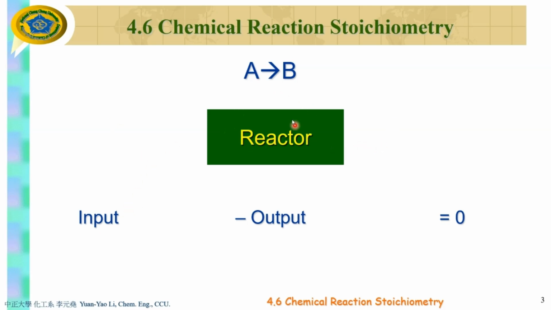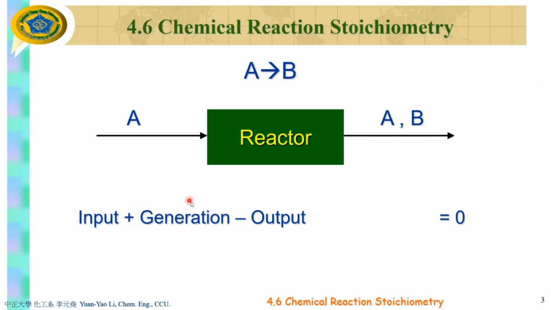However, because you generate a new species, which is B, you need to introduce a new term called generation here. Why? Because originally you only have species A, and now because of the chemical reaction, you create a new species called B. So you have a generation term in the general balance equation.